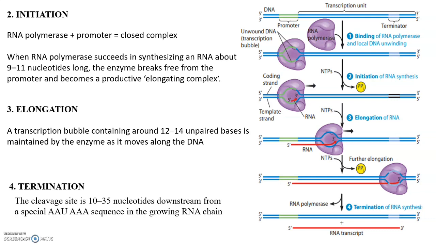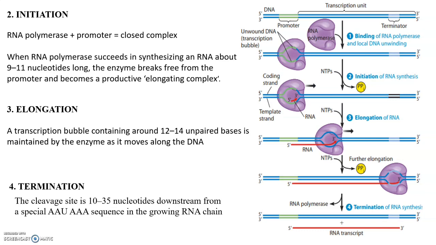The first base is usually a purine, and these nucleotides are successively added one after the other. This addition is energy favorable, and there is a release of pyrophosphate upon each addition of nucleoside triphosphate.